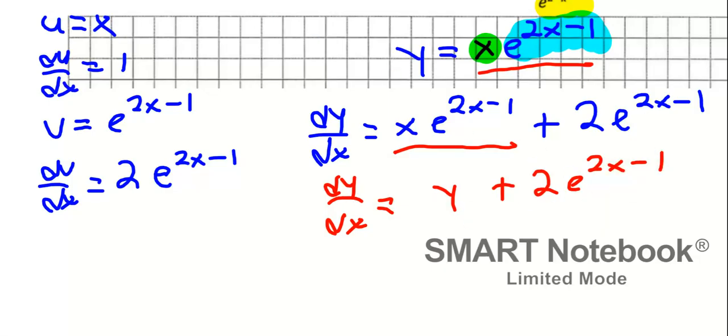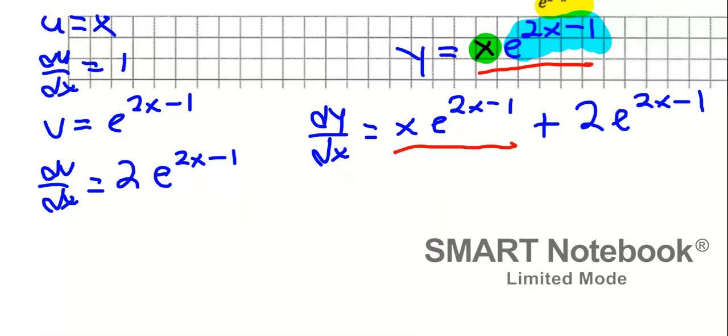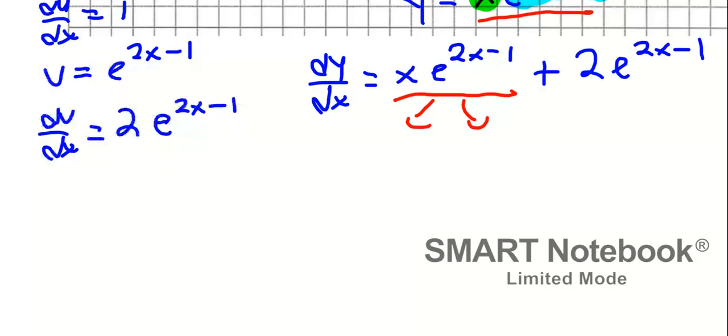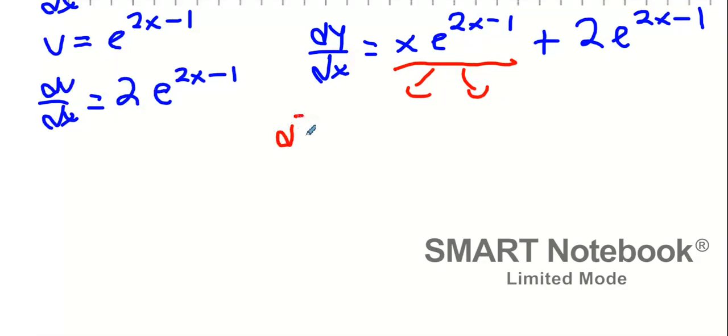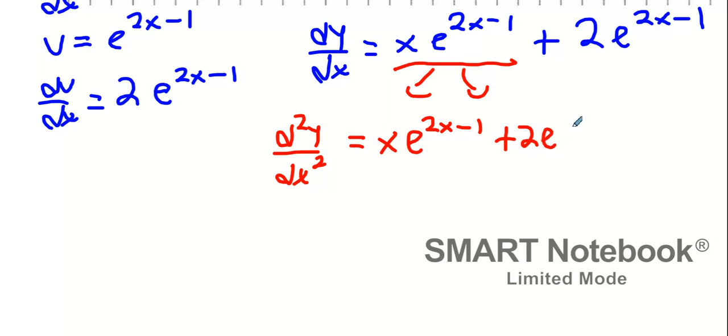Now, because we know that, what's going to happen when we differentiate it the second time? What can I write down straight away without any work? I can write down the same thing again, can't I? So I can write down x e to 2x minus 1 plus 2 e to 2x minus 1.